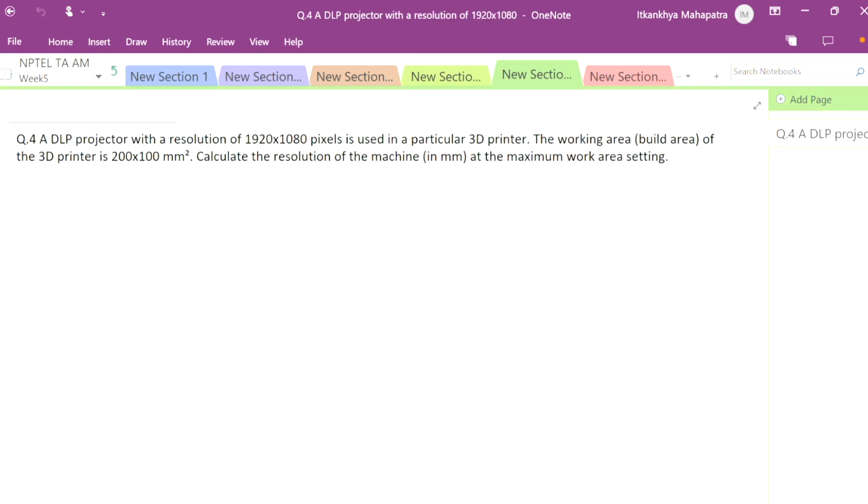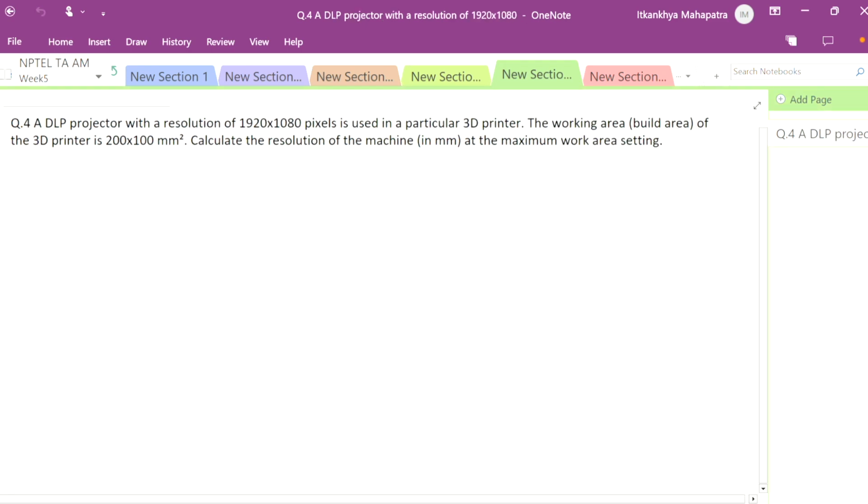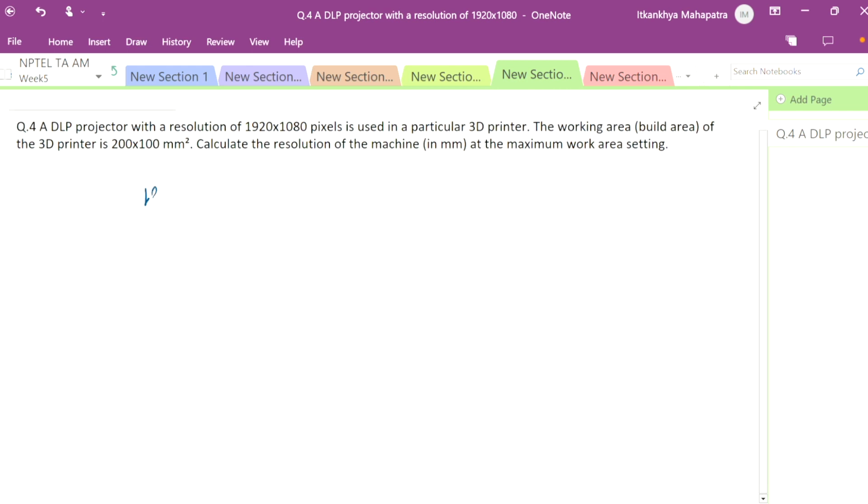Okay. So now the next question. Now we have a DLP projector with a resolution of 1920 into 1080 pixels. Now the working area of the 3D printer is 200 into 100 millimeter square. Now it is asking to calculate the resolution of the machine at the maximum work area setting. So first we will find out the DLP resolution.